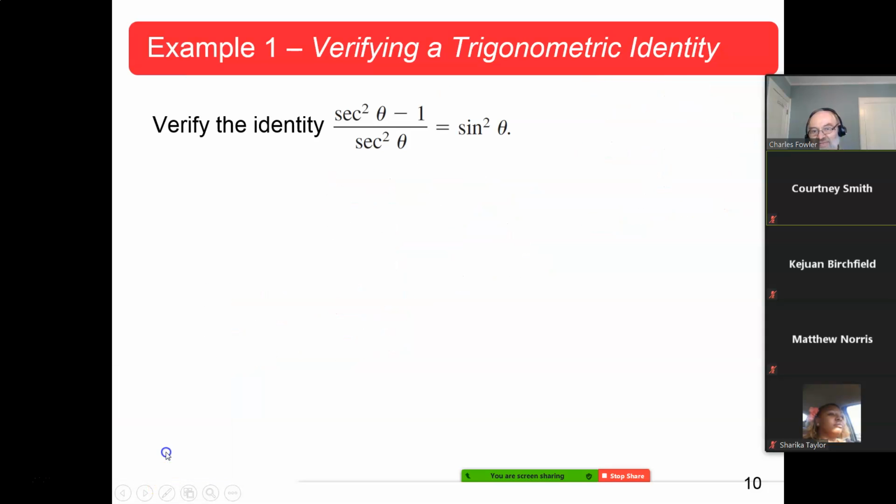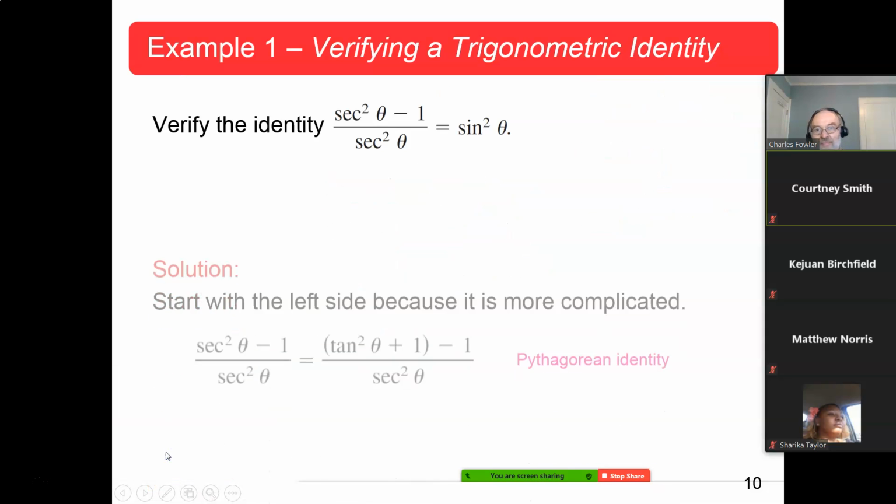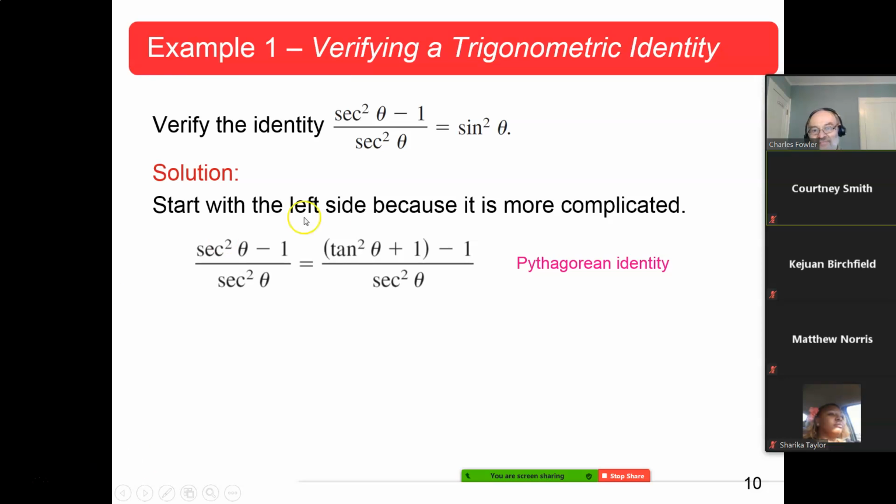Okay, let's see if they did the same thing in the book. Start with the left-hand side because it's more complicated. Well, it's also not in terms of sines and cosines. I like that. Okay, I like to get them. So this is secant squared theta minus 1 over secant squared theta. Now, boy, did they go around the elbow to get to the ear.